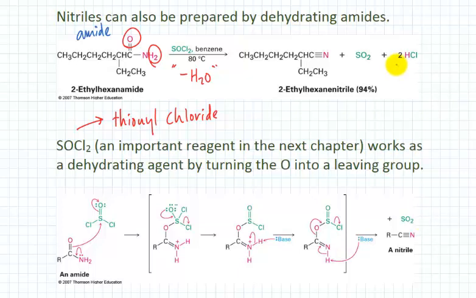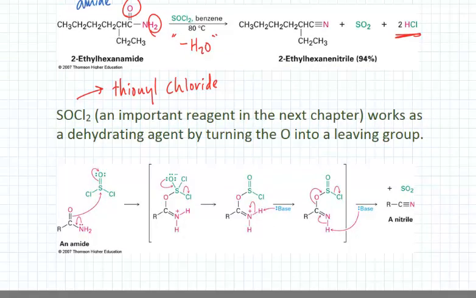We end up with actually 2 molecules of HCl produced, so sometimes there's another weak base put in to capture that HCl. So it's an interesting reaction, but very similar to a mechanism we saw in chapter 17, ROH converted to RCl, with this exact reagent.